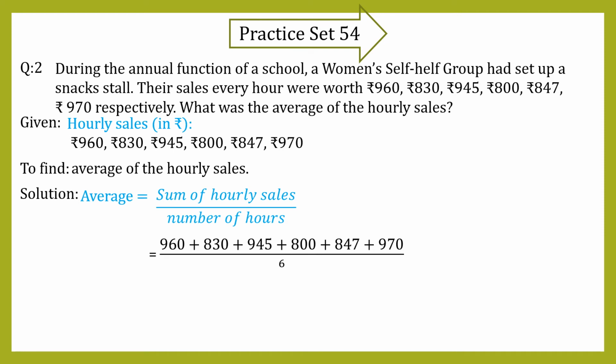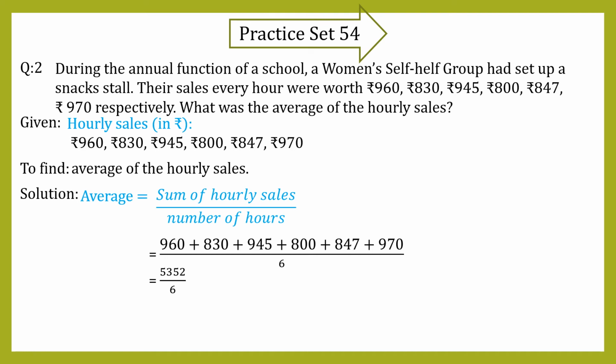So the number of hours will be 6. Now let's add the numbers in the numerator. So the sum of numbers in the numerator is 5352 upon 6.